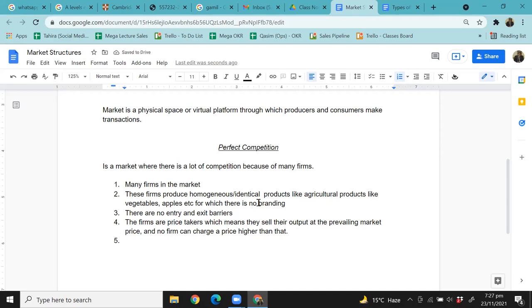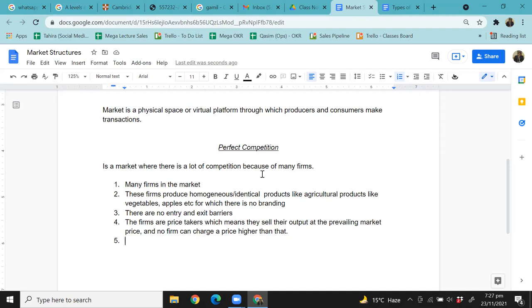Now, what do I mean by firms being price takers? We will be using two terms, price maker and price taker. Price taker basically means whatever price is prevailing in the market. What do we mean by market? It's basically the market demand and market supply. In a bit, we'll look at the graphs that we did in economic efficiency as well.